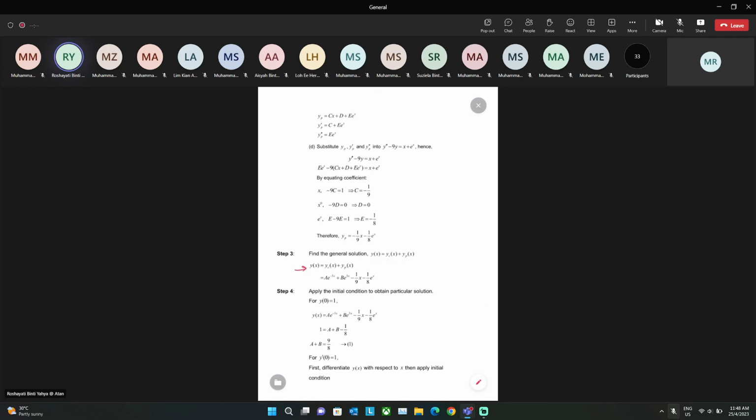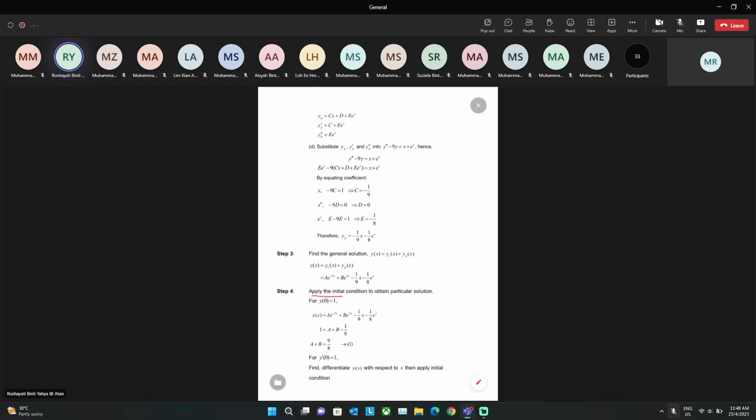So now you have your YC in the form of... this still has constants. Since the question asks you to find the particular solution, you cannot have the equation in the form of A and B, or in the form of constant coefficients. So you need to settle everything.